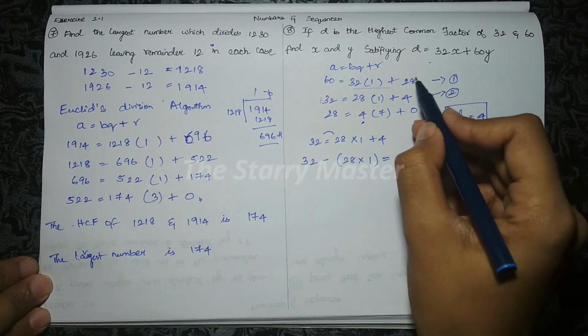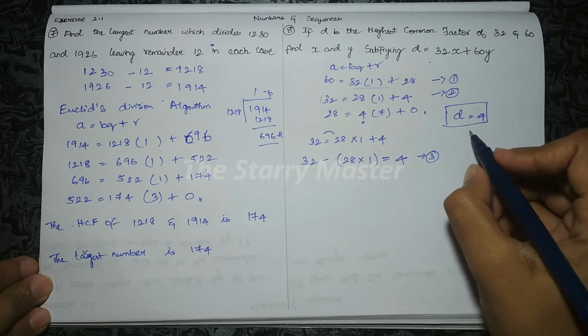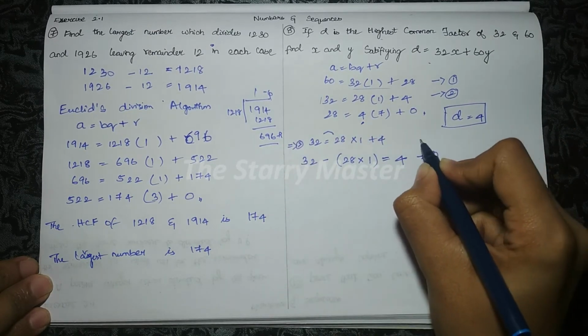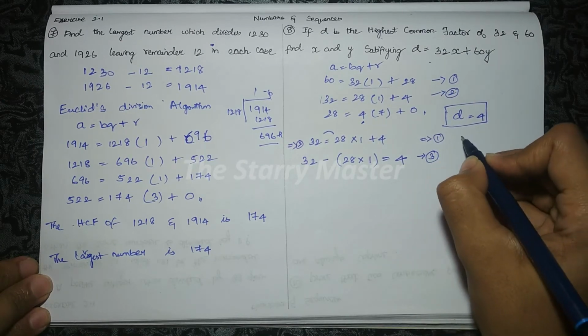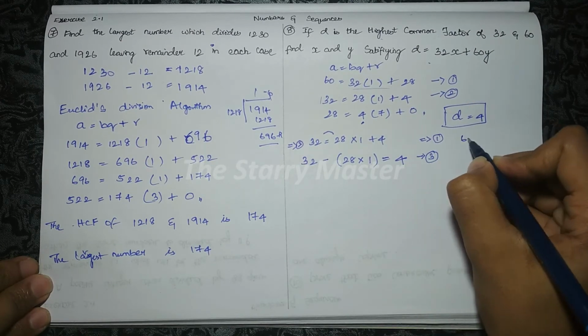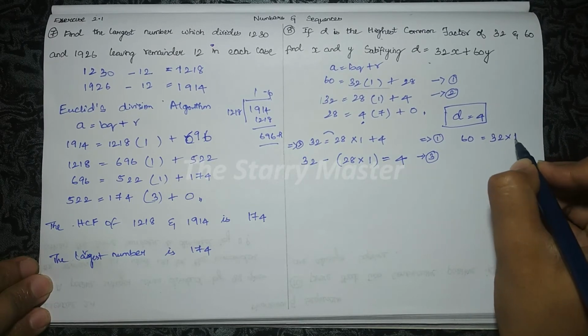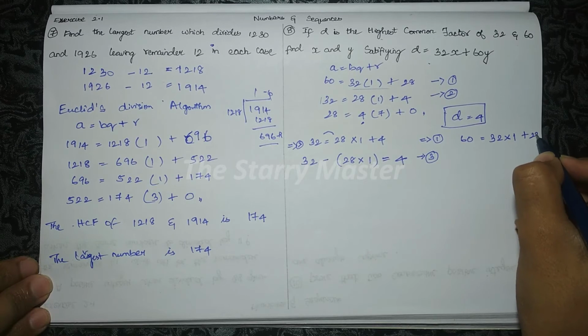Then we take equation 1 here. This is equation 2 and this is equation 1. The value of equation 1 is 60 equals 32 into 1 plus 28.